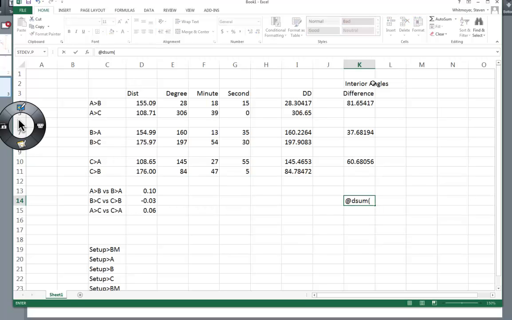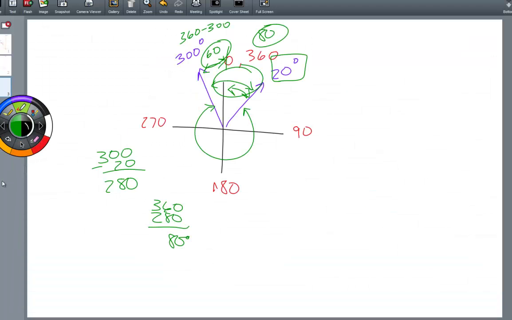It should add up to n minus 2 times 180. So the summation of your interior angles is going to equal n minus 2 times 180, because we have three sides.